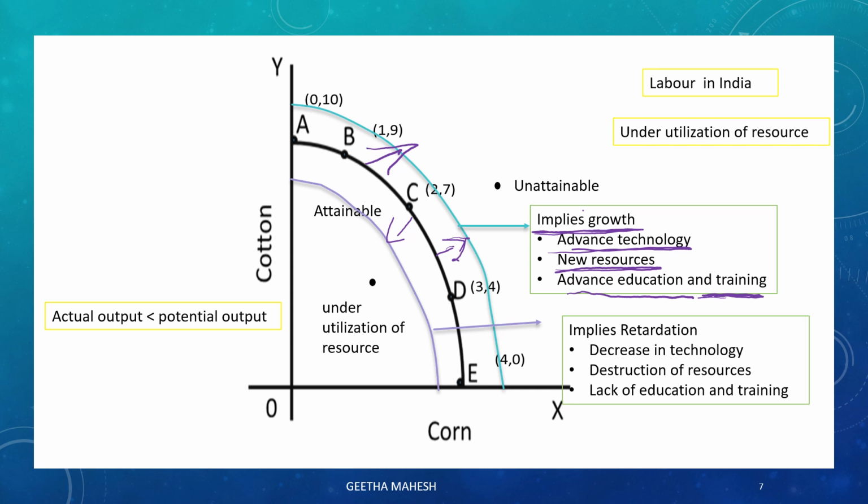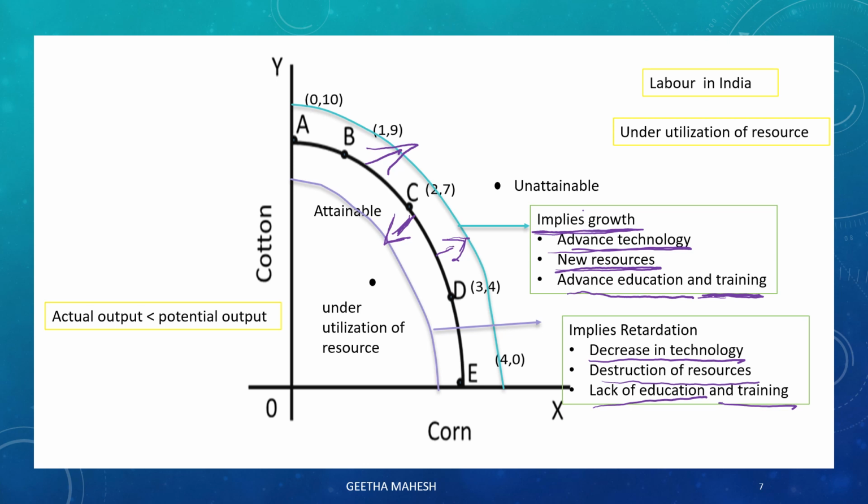Similarly, there may be a retardation. Retardation means decrease in the growth of an economy. When the production possibility curve shifts downwards or towards the left of its original production possibility curve, this may be because of decrease in technology or destruction of resources or lack of education and training.